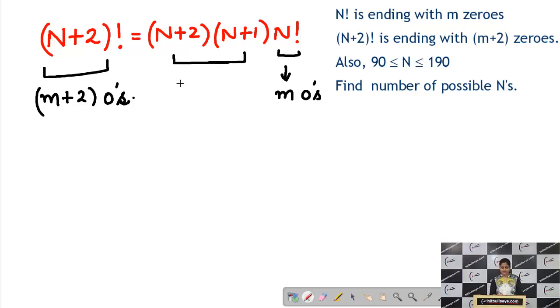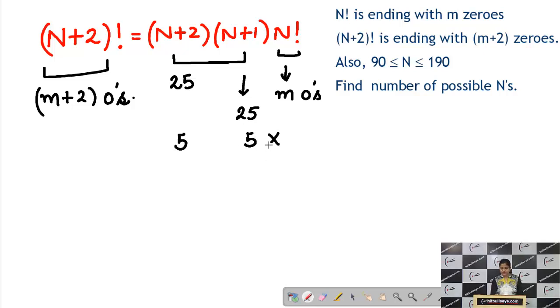There can be 3 possible cases. Either n plus 2 can be a multiple of 25, because in that case we'll get 2 zeros extra, or n plus 1 can be a multiple of 25, or there can be one more case where n plus 2 is a multiple of 5 and n plus 1 is a multiple of 5.